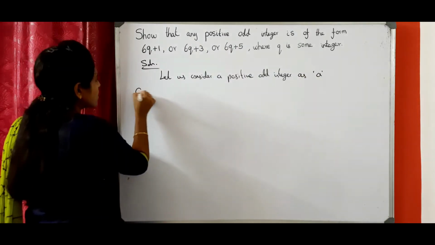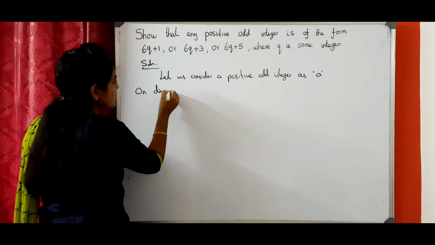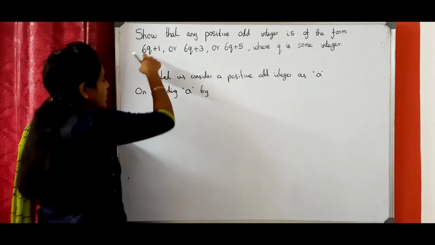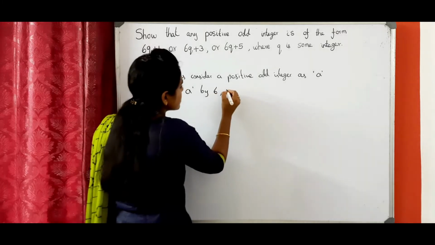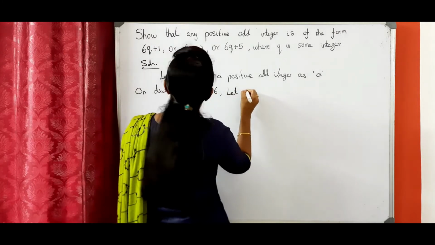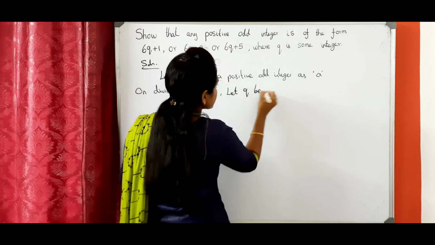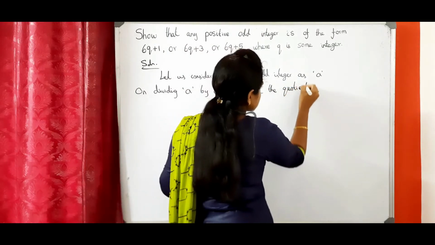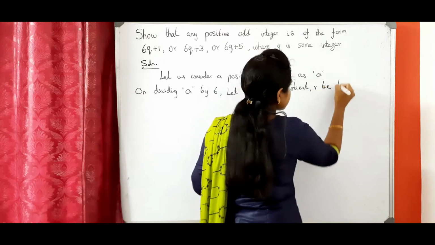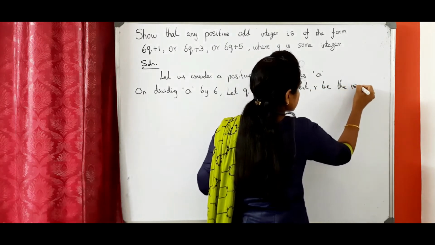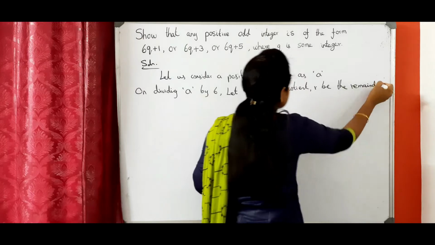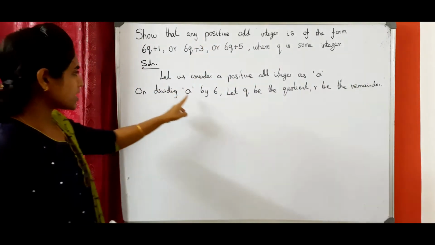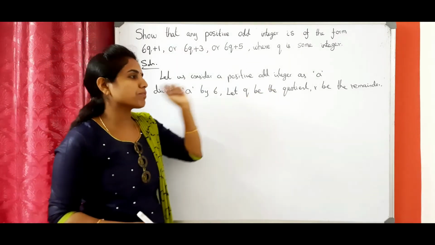Next, on dividing a by 6, let q be the quotient and r be the remainder. I am considering a is a positive odd integer. On dividing a by 6, q is the quotient and r is the remainder.